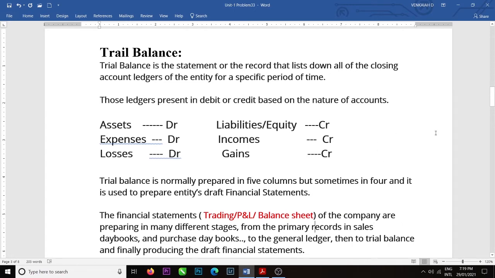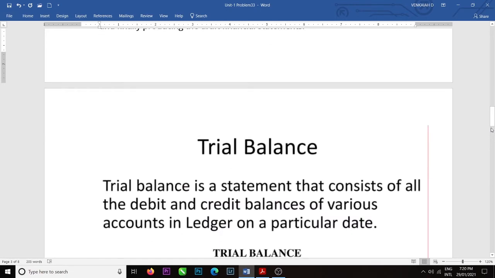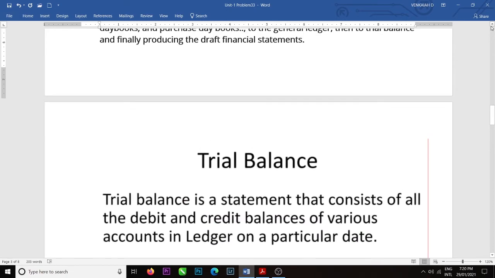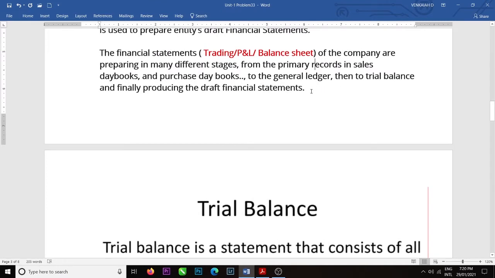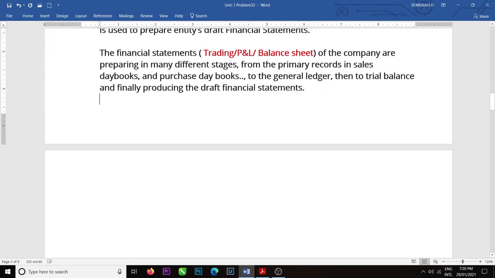Okay. So the stages of accounting start from the transaction, later journal entry, from journal entry to ledger account, to trial balance, and last is the financial statement.